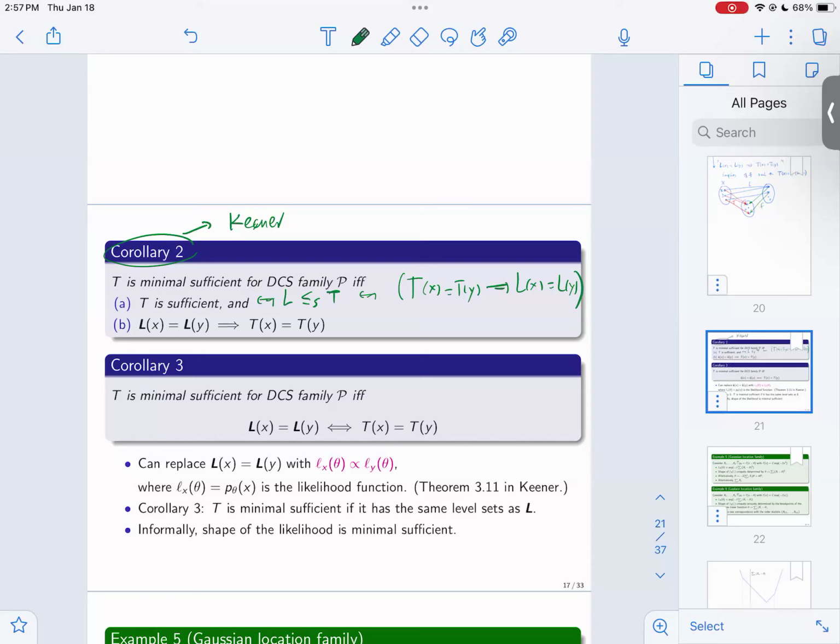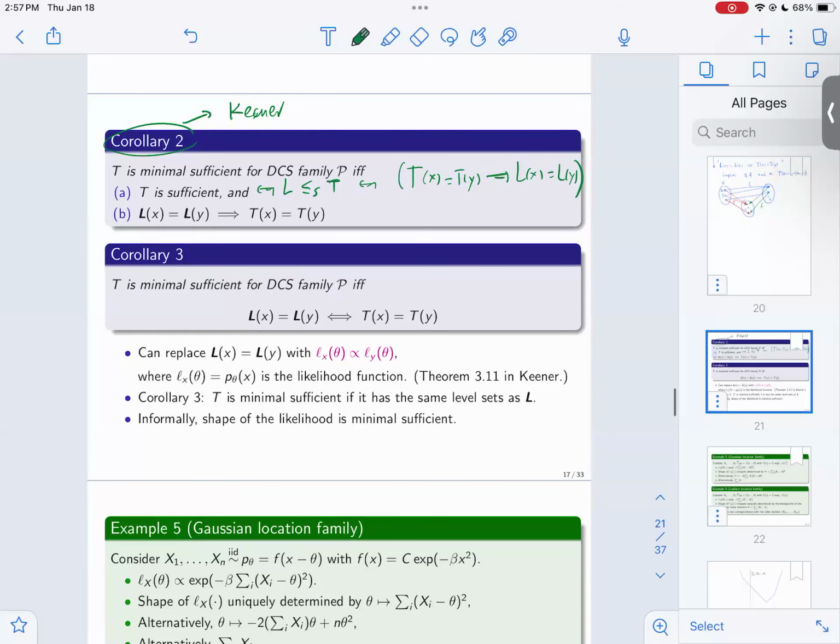Maybe this is like 2.11. And it's actually not written in this fashion. This one is replaced with another equivalent characterization, which is this: L of X of theta proportional to L of Y of theta. So what is L of X?